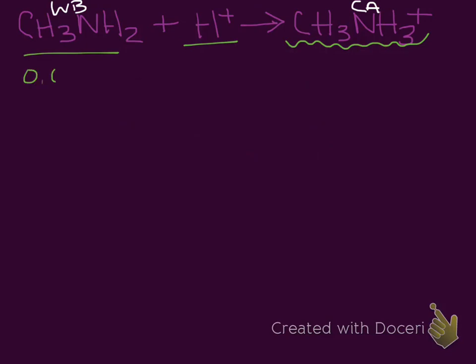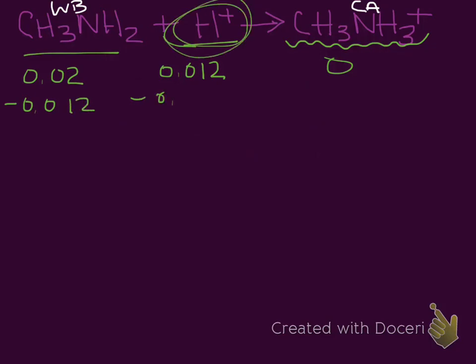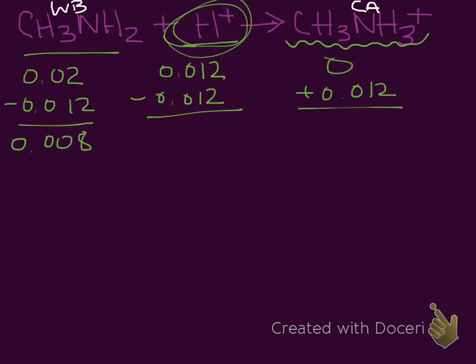So we have 0.02 moles, 0.012, and negligible amounts. So our limiting reagent is going to be the H plus, and we're going to subtract that. We can see that because it has the smaller amount. You also know it has to be that because otherwise you don't have a buffer. 0.012. So we end up with 0.008. None of this is left, and then 0.012.